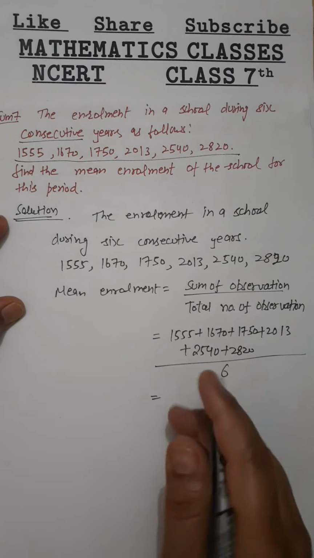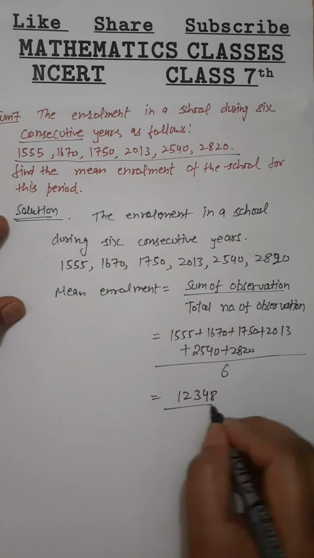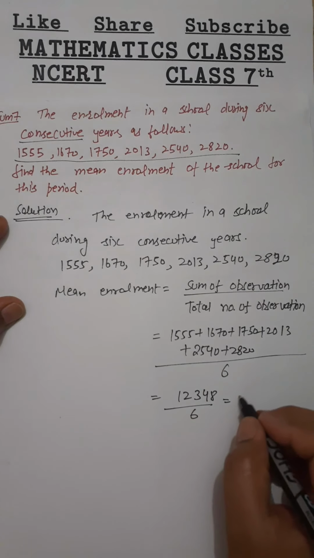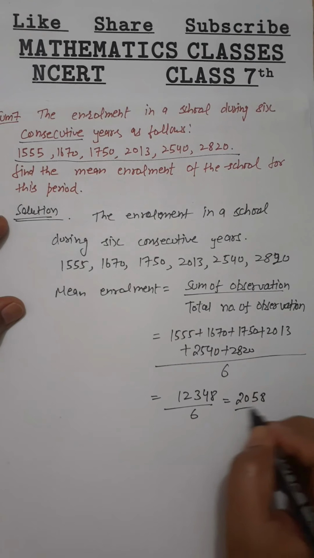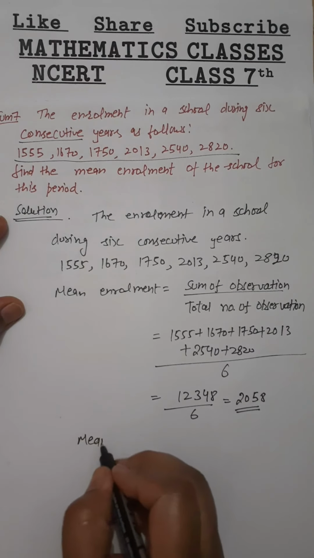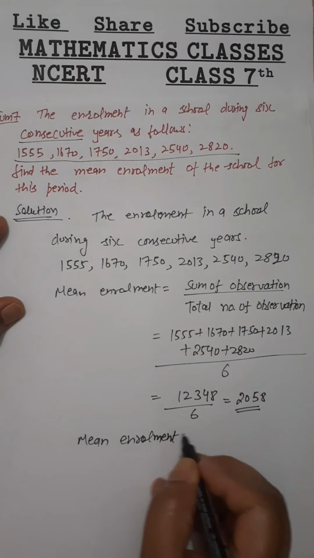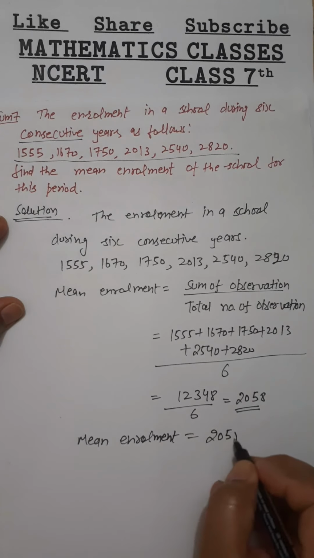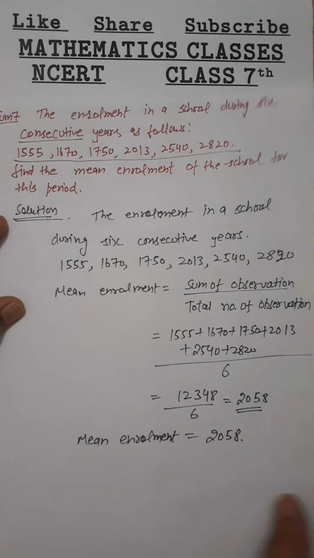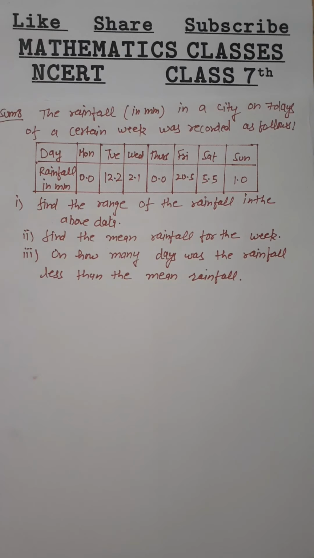After adding all these, we got the total. Now divide. These are the mean enrollment. At last write the answer. Mean enrollment equals 2058.